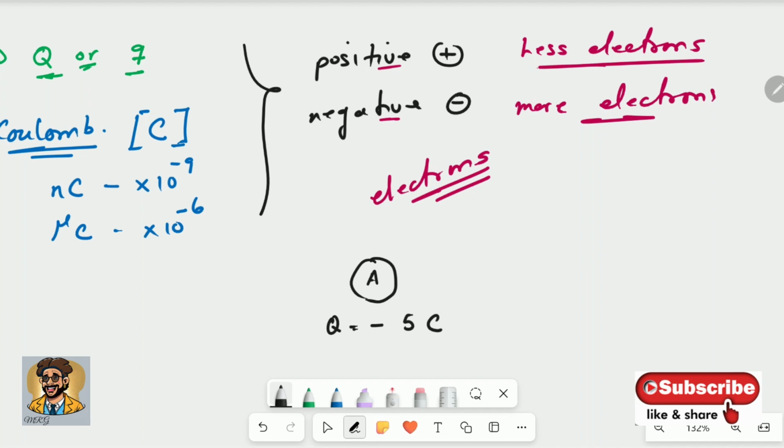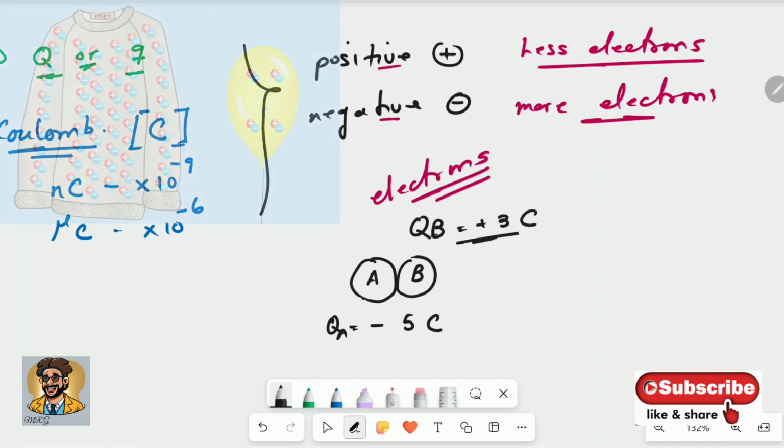It means that sphere has an excess of electrons, because it has more electrons than protons. And we're going to make that charge be in contact with another charge, charge B. This one is A, that one is B. And let's say B has a charge of positive 3 coulombs.